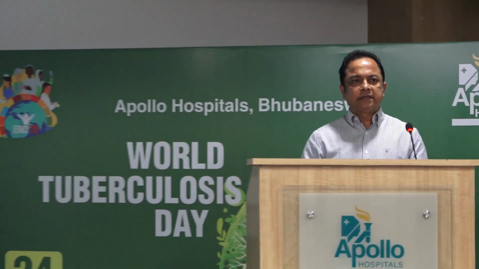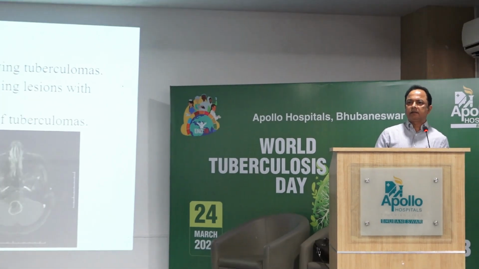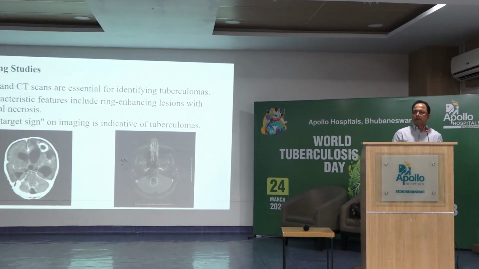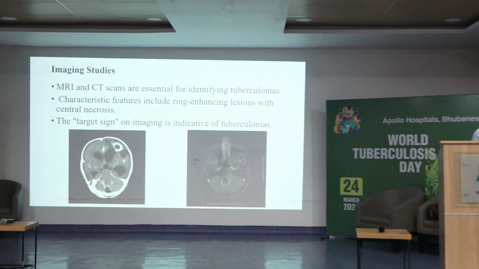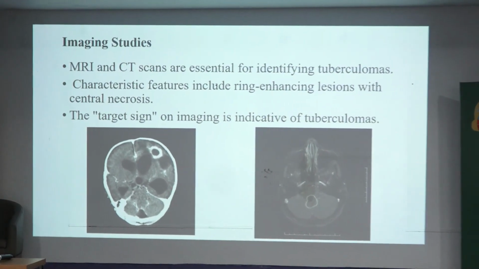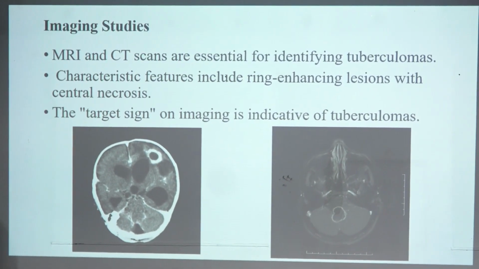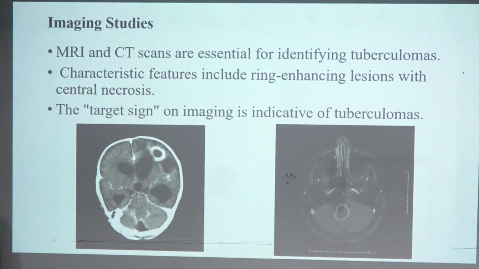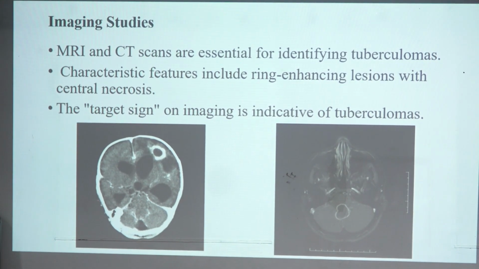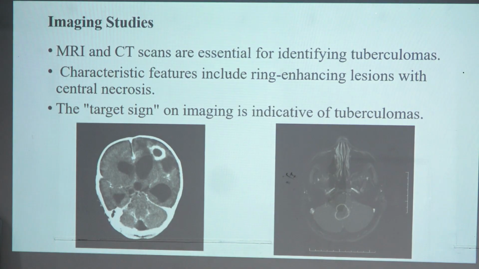Usually, for diagnostic studies, MRI and CT are the mainstay of the investigations, and usually a target sign showing a ring enhancing lesion is what clinches the diagnosis of a tuberculoma. But as easily said, this is not always the case.